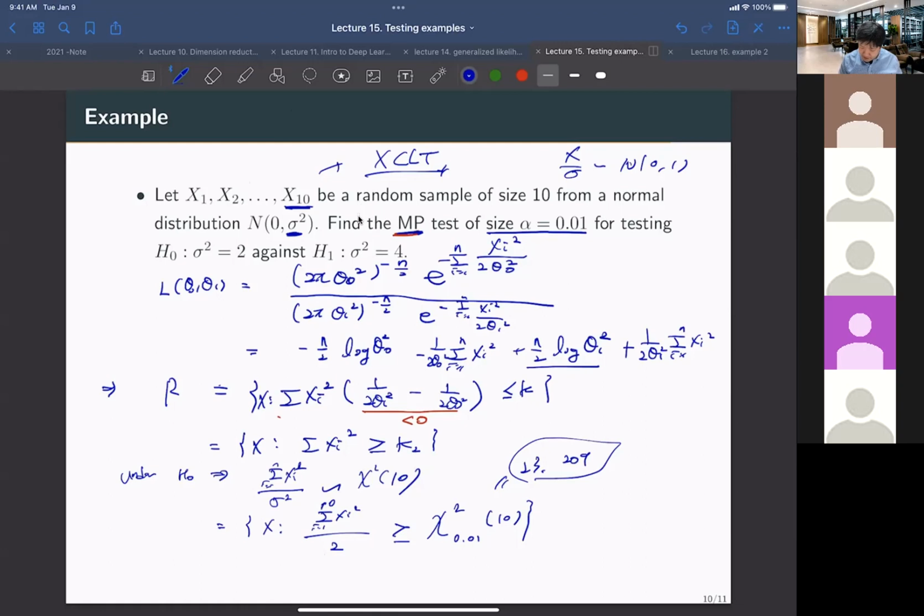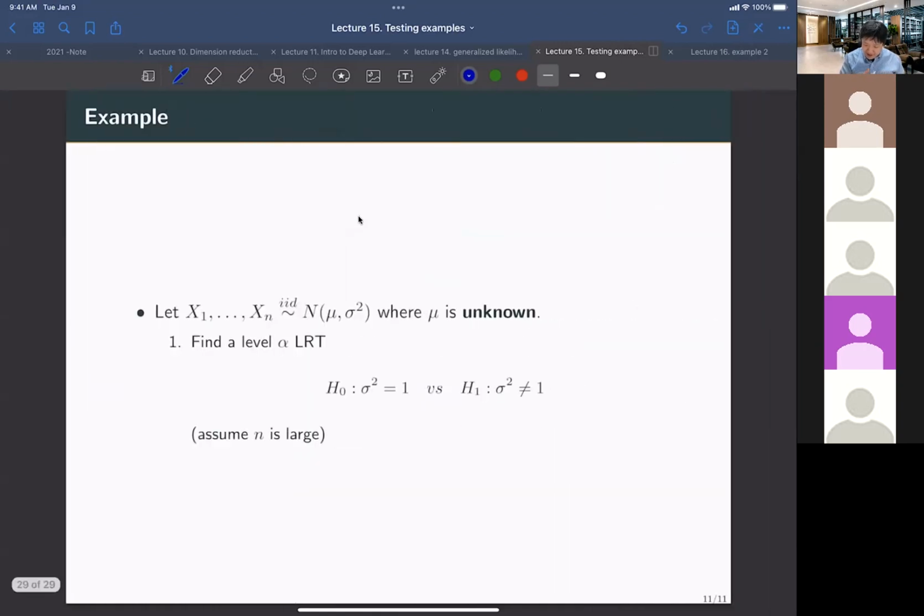Right. So that's it. So only the test. So it's an easier question. And the next question is also a similar question that tests sigma square. Looking at the question, here mu is unknown, and we want to test about sigma square, and it's even more further.